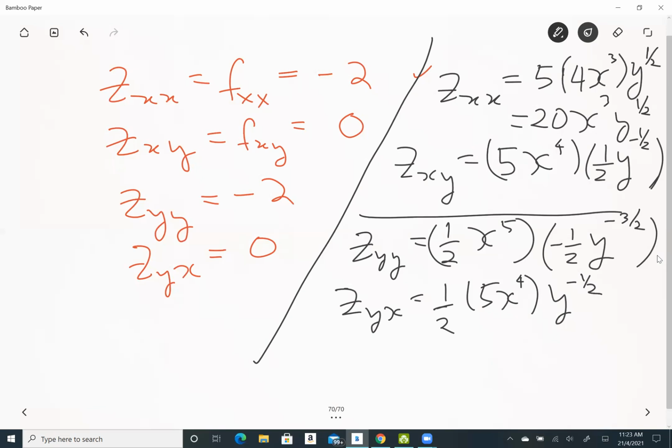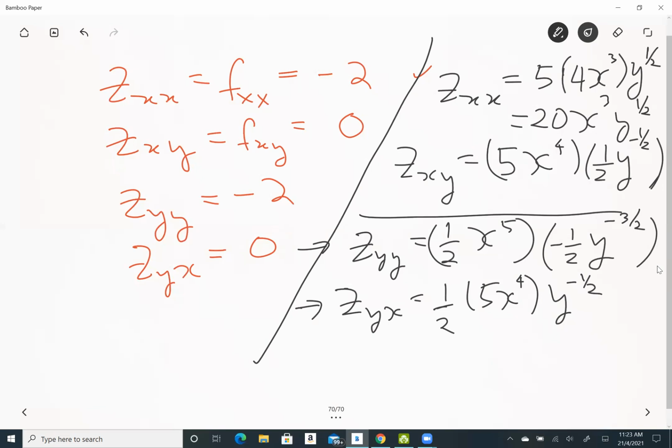Okay, so that is zyx. If you got it wrong, you go home and check again where you went wrong. Okay, so that is the second partial derivative. Any question?